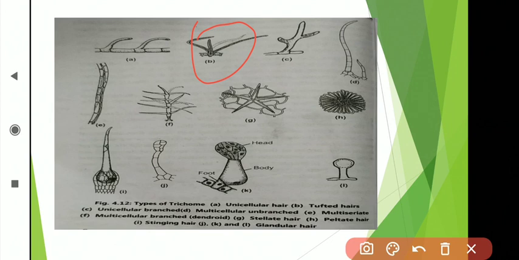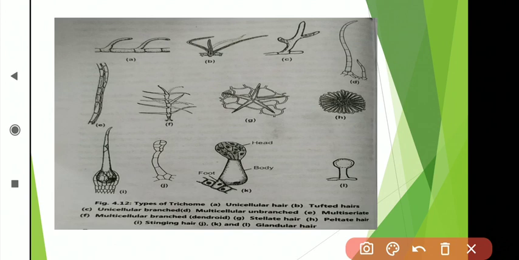Some multicellular hairs are branched, giving a tree-like appearance. For example, Mimosa species, and Platanus. This diagram shows a tree-like appearance. Look at here, this is the multicellular one. Sometimes they may form a scale-like structure. For example, which is found in Solanum plant.